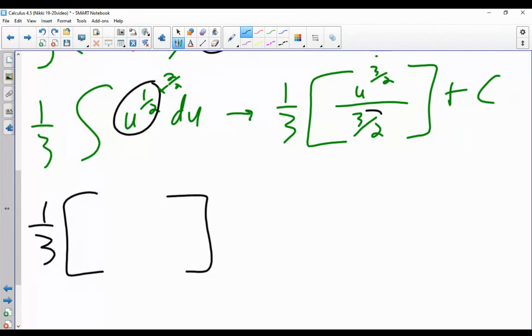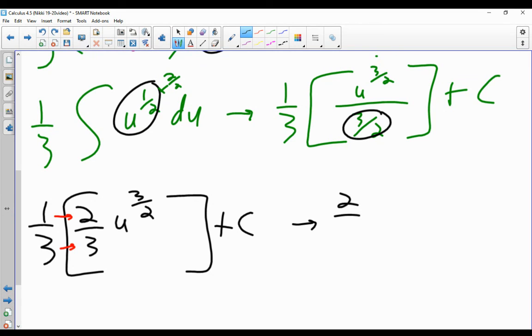Let's rewrite the division by 3/2 as the multiplication of its reciprocal. So 2/3 u to the 3/2 plus c. But now we can multiply these two fractions in the front. If we do that, you'll get 2 on top, 9 on bottom. So 2/9 times u to the 3/2 plus c.